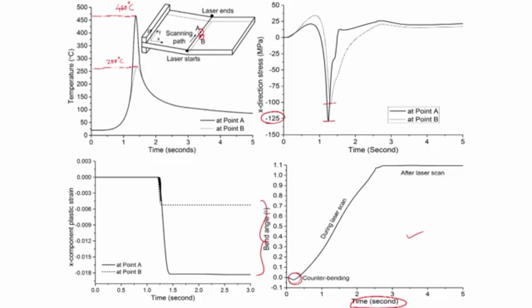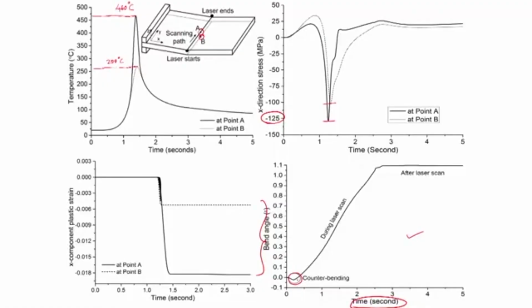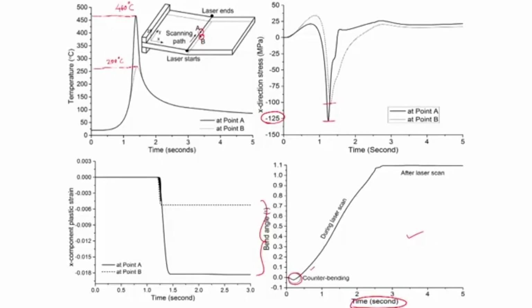When we apply the laser beam energy, there is expansion of the top fibers, and due to that a counter bending occurs, but due to the compressive forces applied by the surrounding cooler medium, bending will occur towards the laser beam, and this is the increase in the bend angle that you can notice, and it goes up to around 1 degree of bend angle for 1 pass.